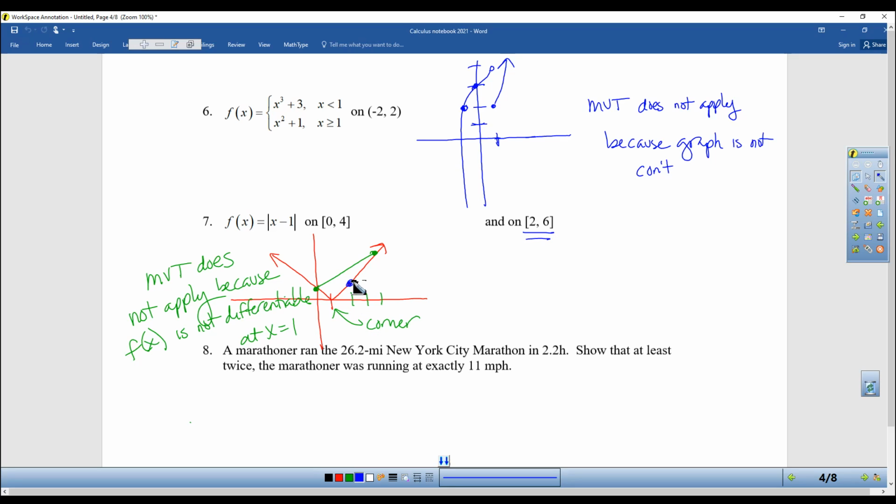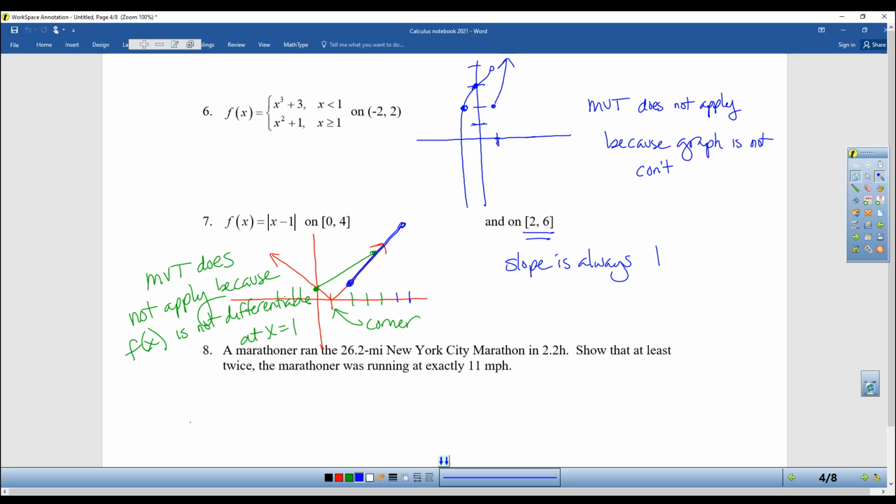Well, from 2 to 6, the slope is always 1. There's no point that you can find for me. You can't say, oh, the mean value theorem applies and it obtains its average at a certain point. It obtains the average at every point. The slope is always 1.